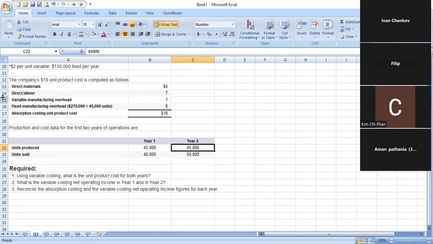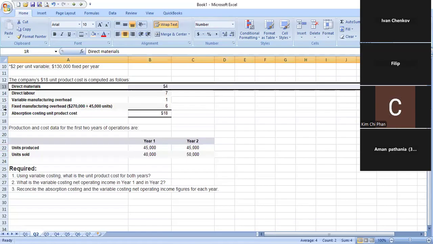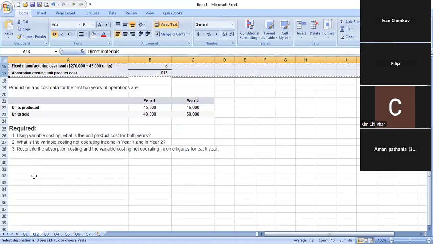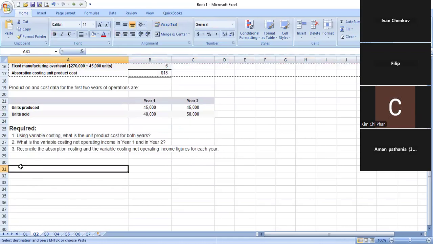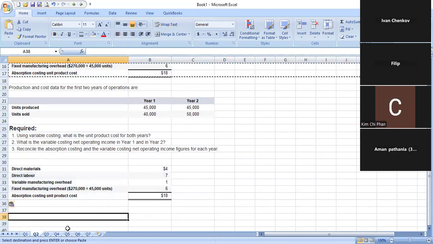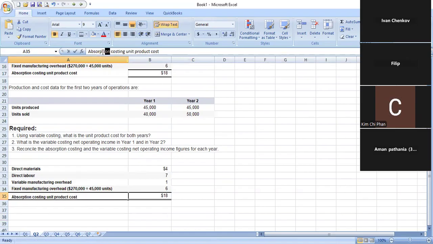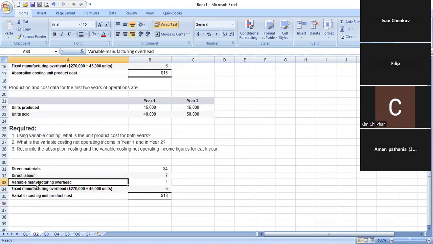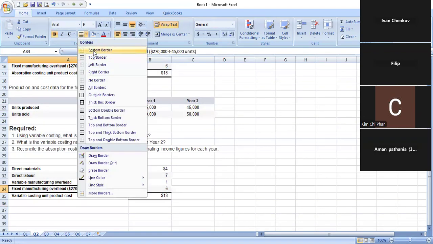So first things first, let's get this information here. Let's place it here and let's deal with the first one. Since we're using variable costing, do we have to adjust for something?